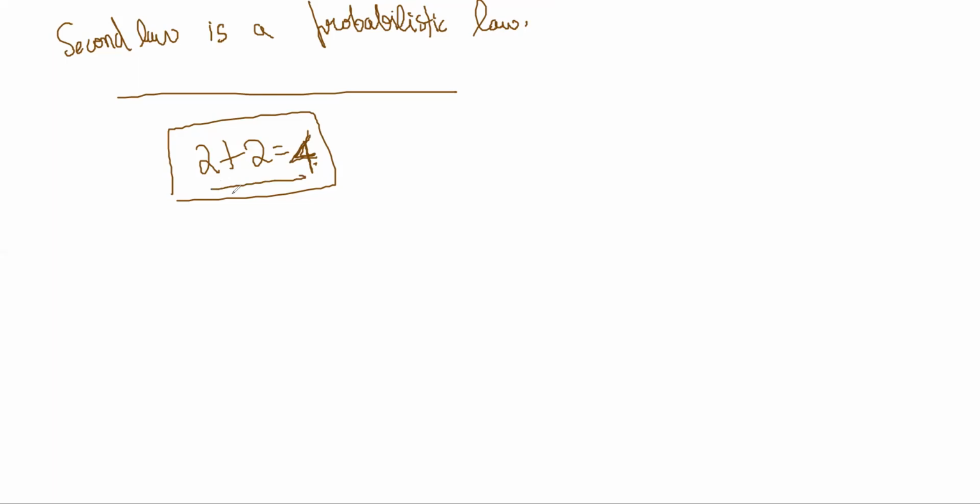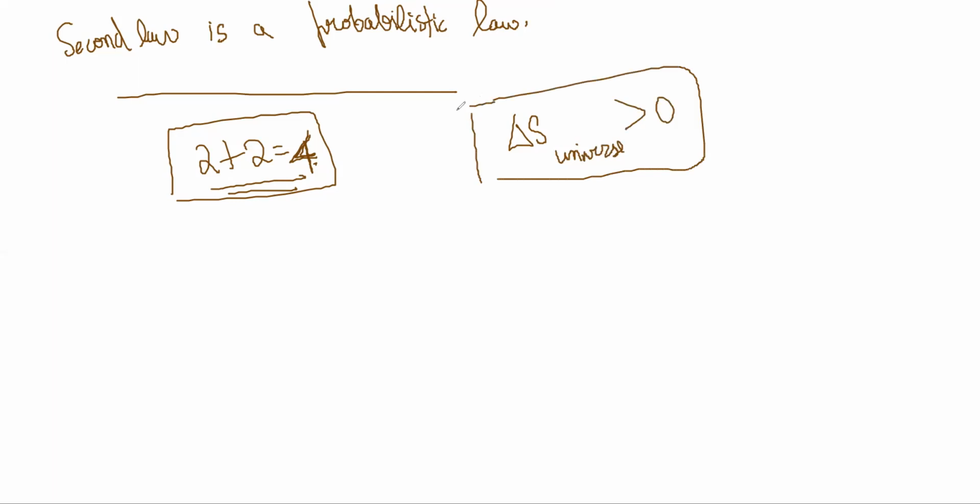That is a mathematical truth. Now the second law is saying that delta S universe is always positive for everything. That is not a mathematical truth, that is a probabilistic truth, in the sense that it is not impossible, but so far we have not seen it.